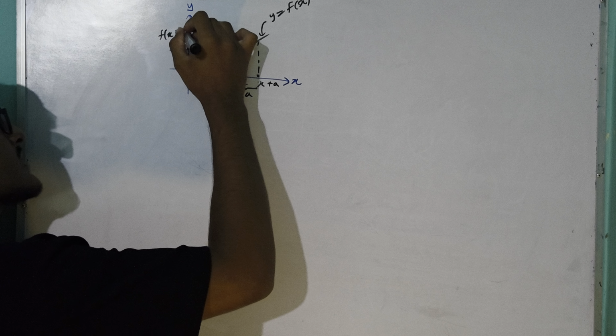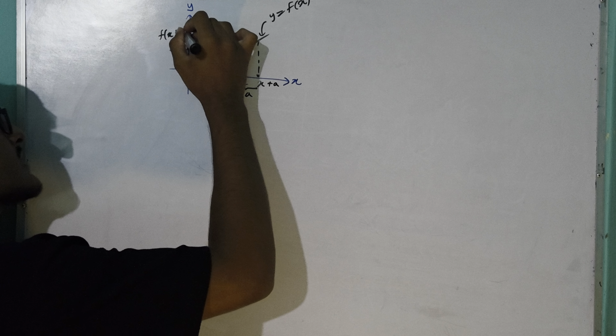And if we consider this little part here, we can get this area by reducing this little area from this total part, and that total part would be A of x plus a, and I'm going to reduce A of x from it, and then we can get the area of this part, right?